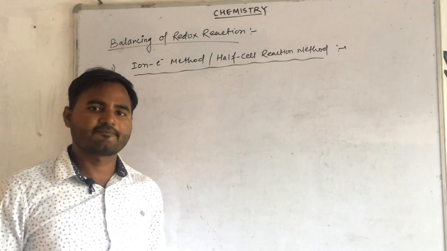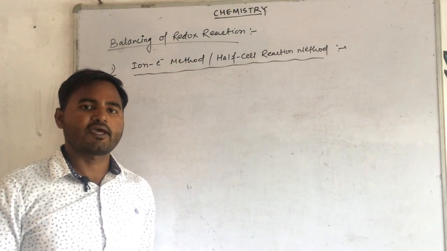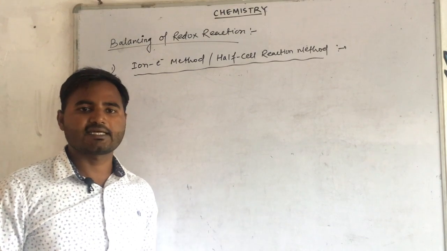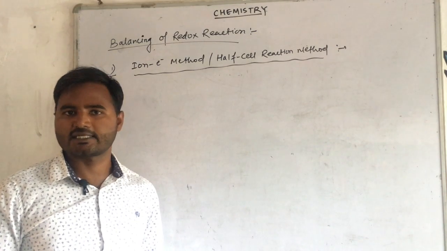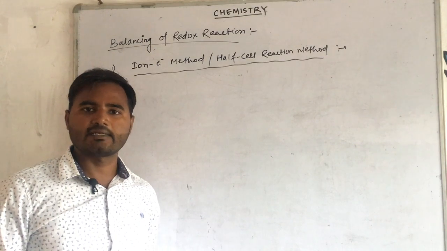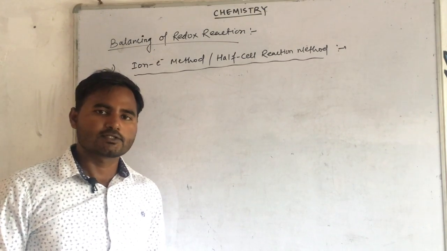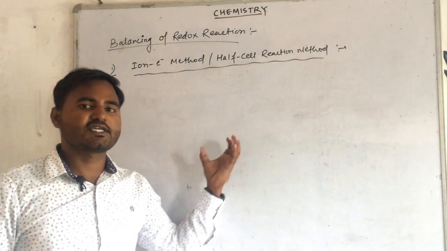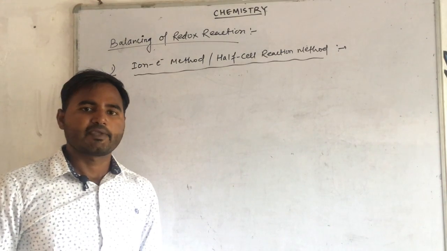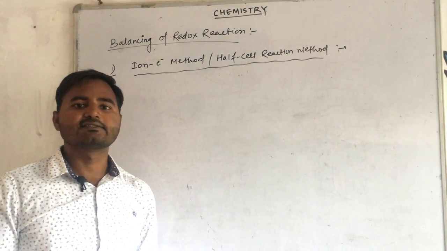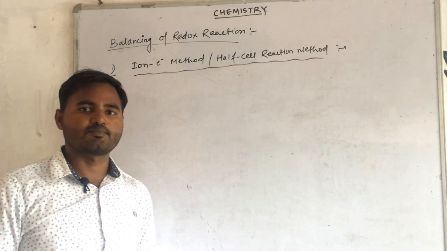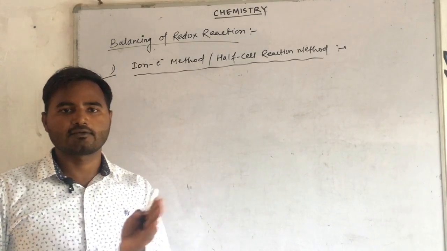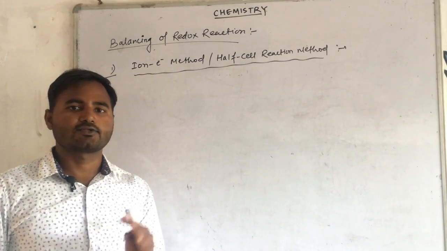Before starting this topic, I am raising a question: why do we need a special method to balance a redox reaction? Why are we not balancing a redox reaction like an ordinary reaction, which we studied in previous classes? As we know, in a redox reaction oxidation and reduction take place by the change of electrons. In oxidation electrons are lost, and in reduction electrons are gained.